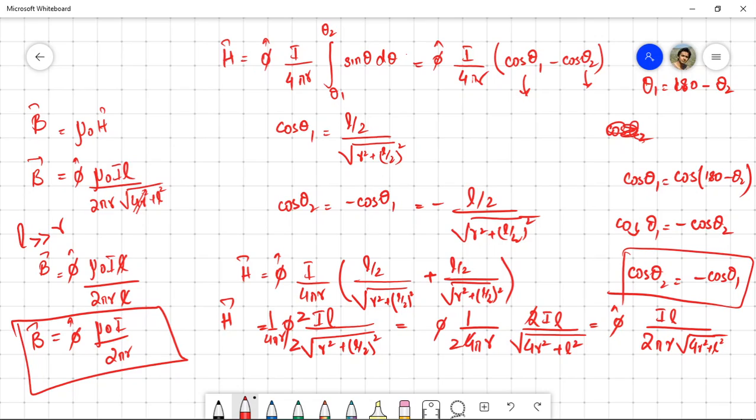This is basically the expression that gives us the value of B due to a current carrying conductor. And today what we did was that we tried to get a hold of the process. We tried to comprehend how we can derive this equation, and how we can say that this equation is basically the equation of magnetic flux density.